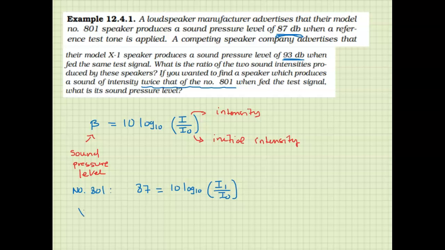And then we have the X1 speaker. Decibel level is 93, 10 log base 10 with intensity I2 when compared with that same test signal. So the I0 is the same for both.